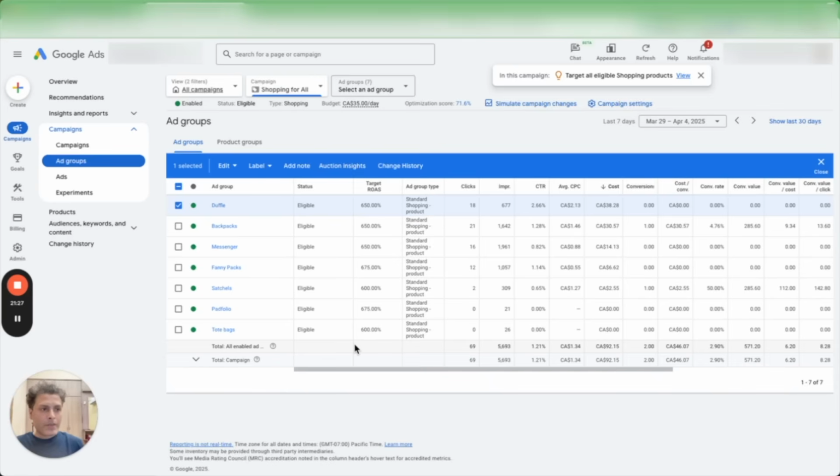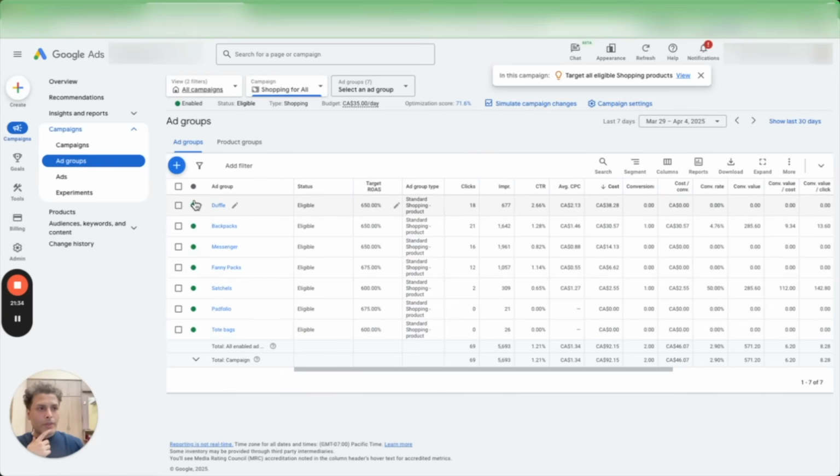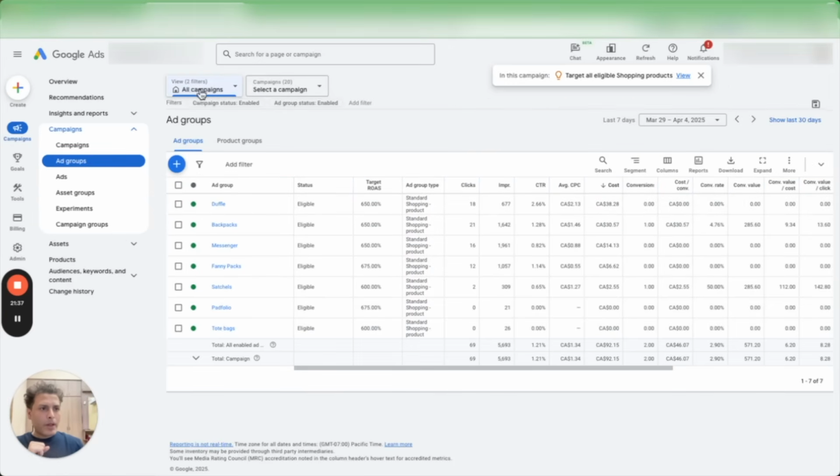This is what the strategy should have been in all the other ad groups as well. This is what this campaign was all about.